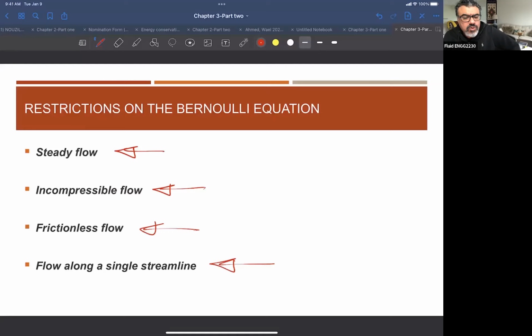In chapter 4 we're going to talk about this in more detail, but for this chapter we need to know that the Euler equation relates three types of energy. The first is related to pressure, the second to the potential or height Z, and the third to the kinetic energy. Those three terms of energy are constant if we have a steady, incompressible, frictionless flow along the path line, along the streamline.